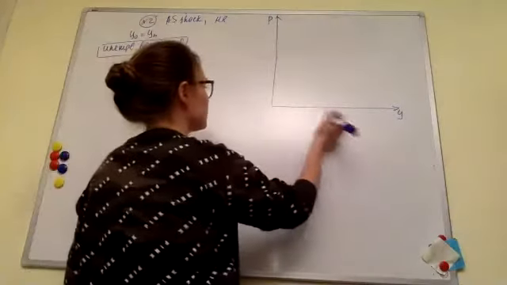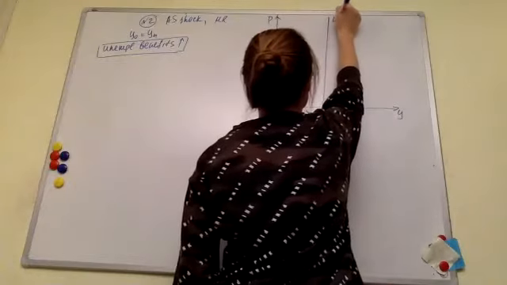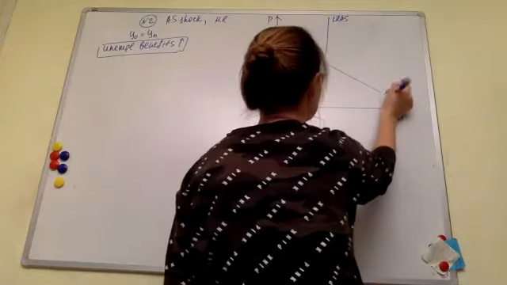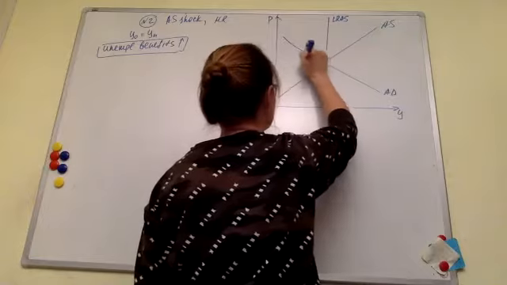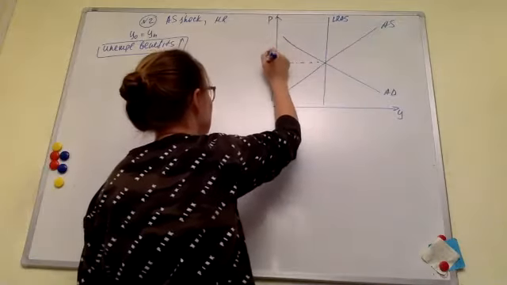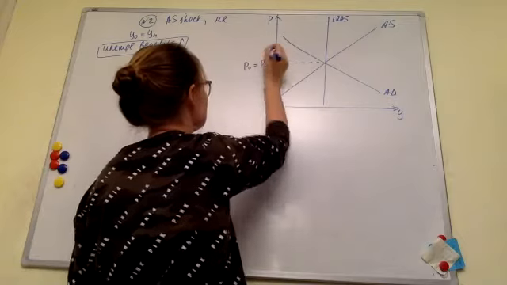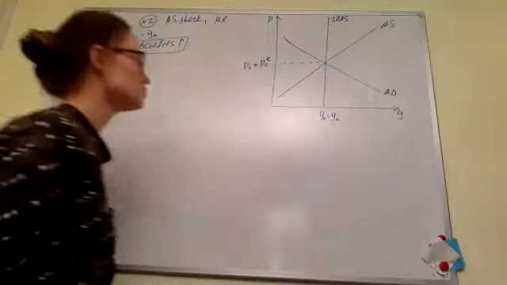Okay. So anyway, here long run aggregate supply, aggregate demand, and aggregate supply. This is for price level P0 equals expected price level. This is Y0 equals natural level of output.